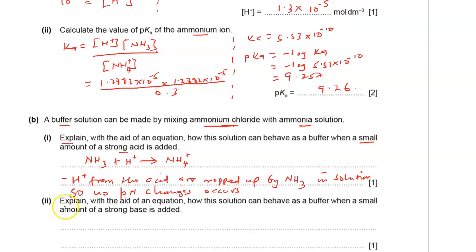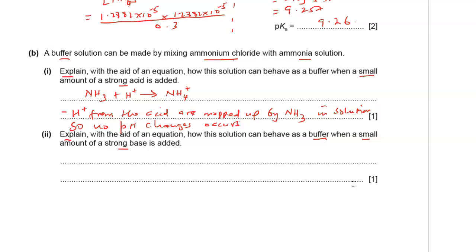Part 2, explain with the aid of an equation how this solution can behave as a buffer when a small amount of a strong base is added. So let's add a base. A base is like NaOH, so it has got OH ions. So this will now be on the opposite side, plus the OH ions.